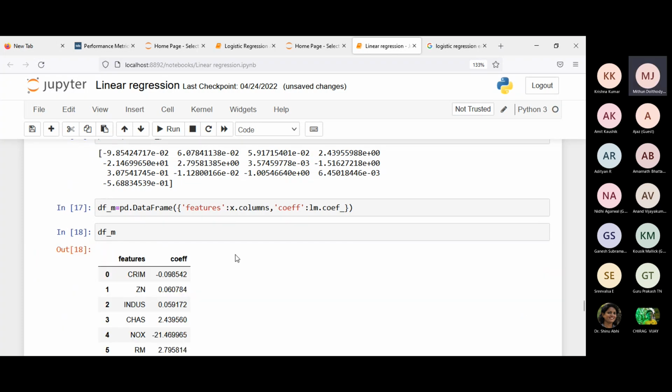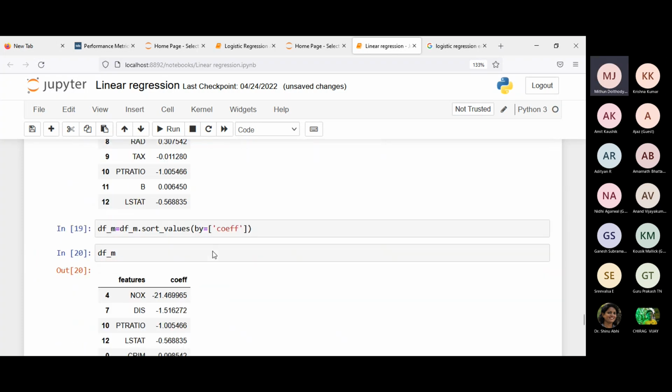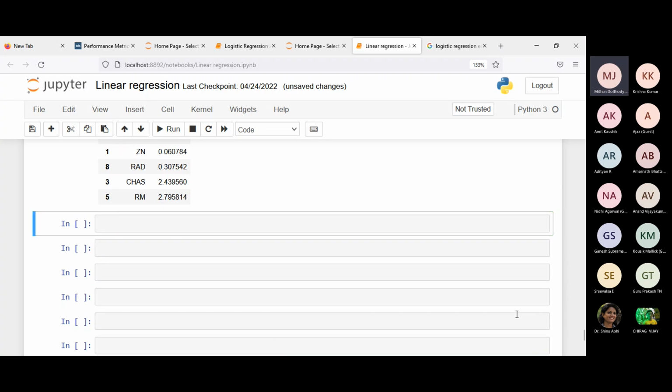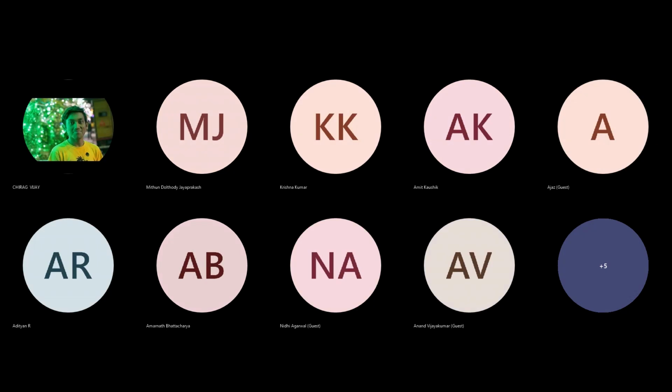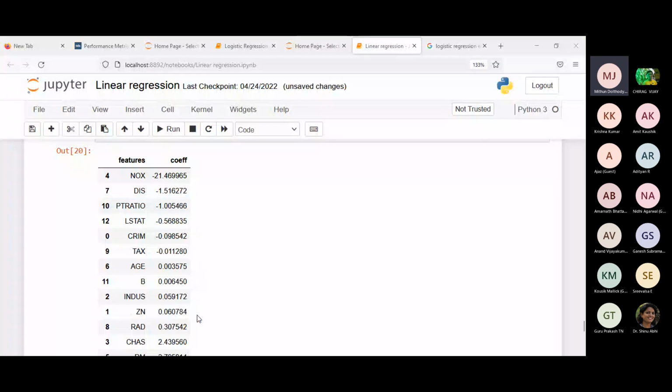You see my screen, guys? I think we had generated the coefficients and such things, and we had sorted the values, correct? Just tell me if you are at this stage.